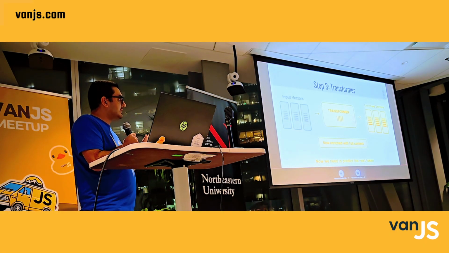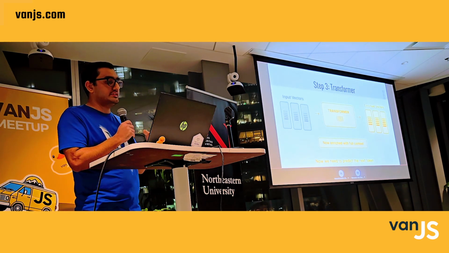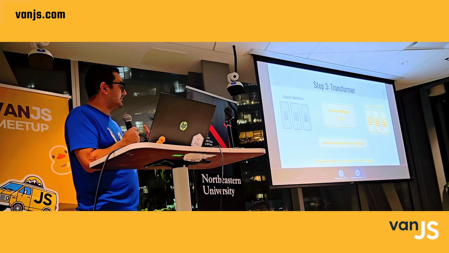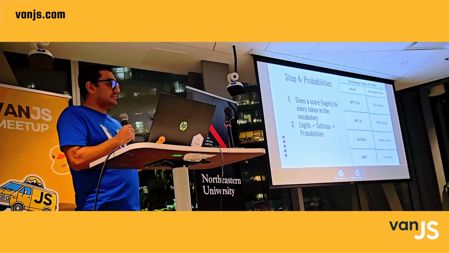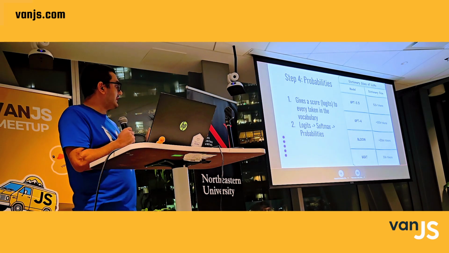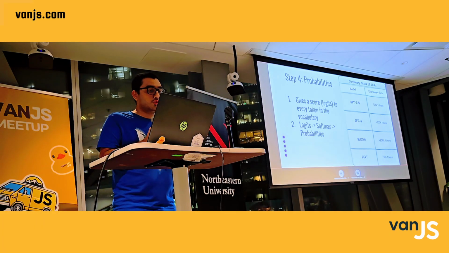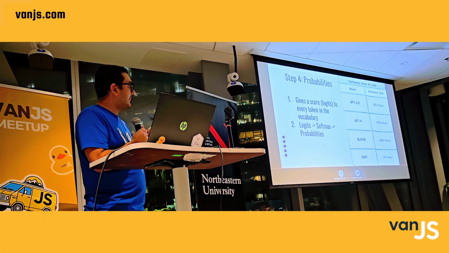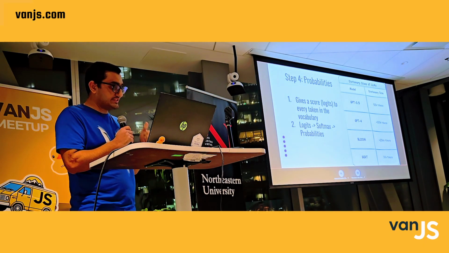So it takes in the input vectors, uses the transformer, processes it, and then it spits out the enriched vectors. Once we have the enriched vectors, we have step 4, which is the probability. What we do with those vectors is we give all of them a score, and these scores are called logits.